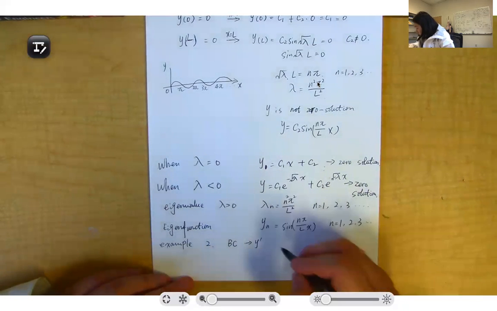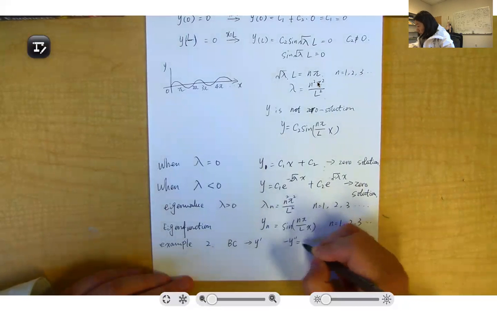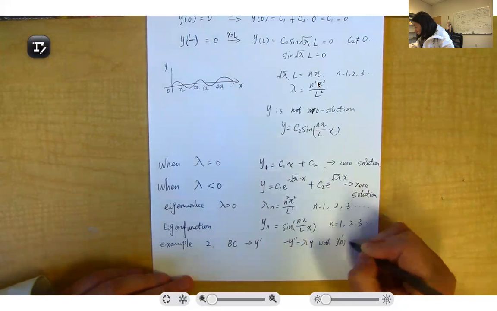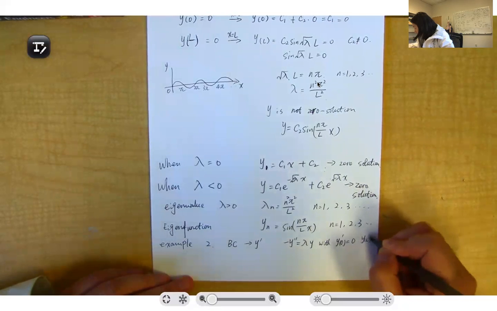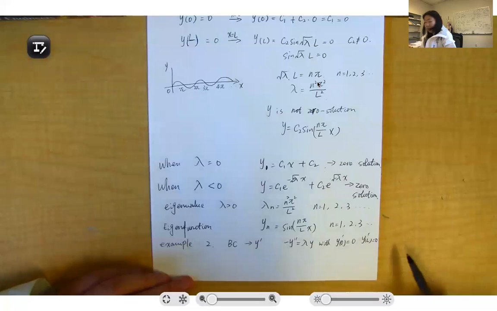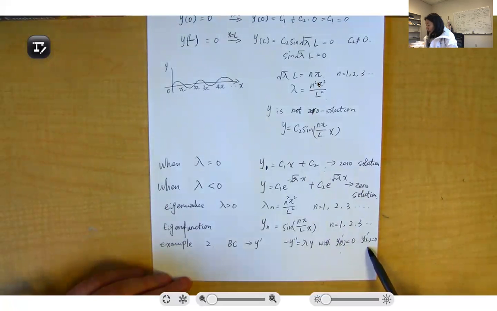So you can try the same problem, negative y double prime equals lambda y, with y prime(0) equals 0, y prime(L) equals 0. And this is definitely an SL problem because alpha 2 and beta 2 are not equal to 0, and alpha 1 and beta 1 for the boundary condition equal 0.